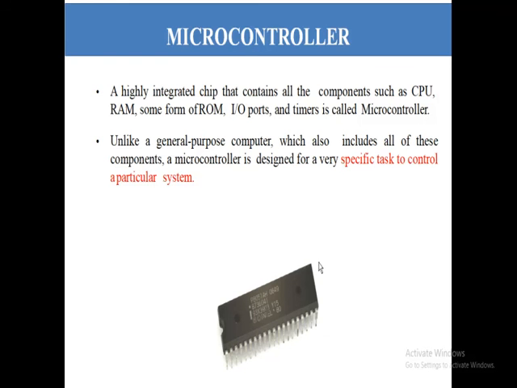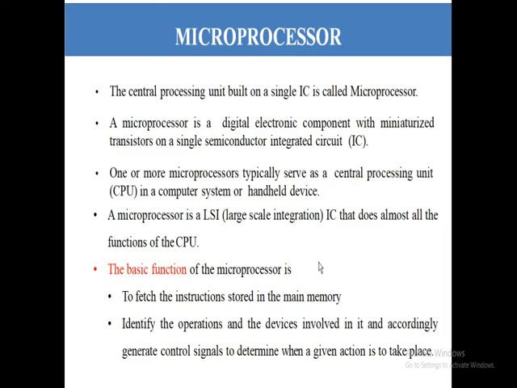That is the main difference between microprocessor and microcontroller. A microprocessor is a general purpose device, but a microcontroller is a special purpose device. The microprocessor, as already told, is a central processing unit that is built on a single IC, an integrated circuit.